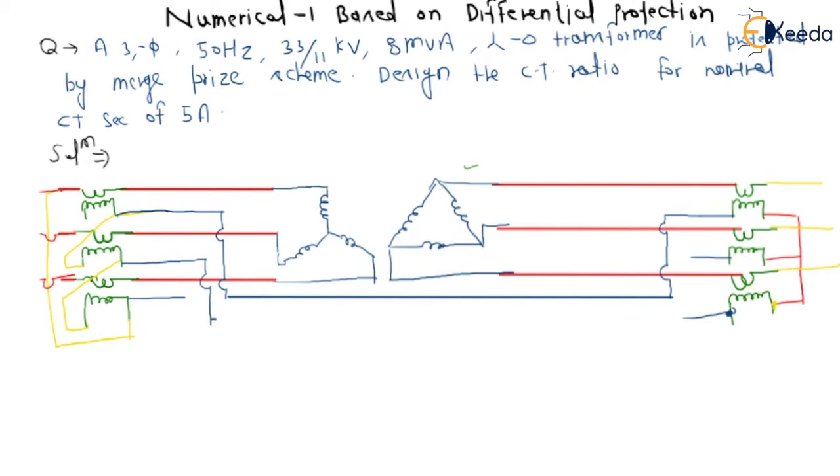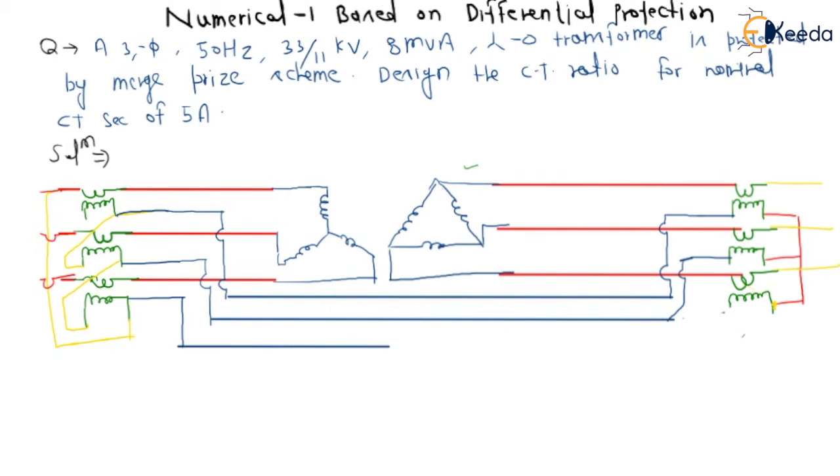If you consider, the second is connected to the second, so we can add like this. And the third is connected like this. This line will go from here to here, and this we can connect directly.